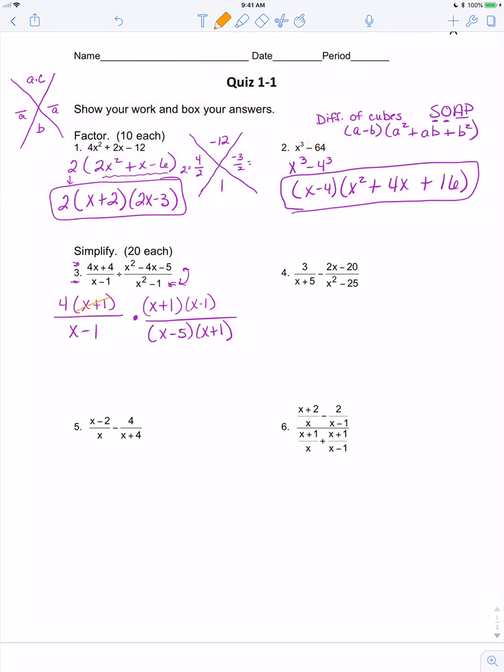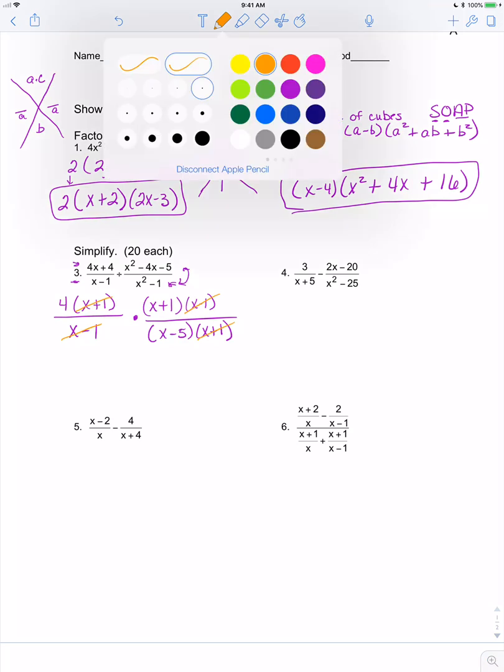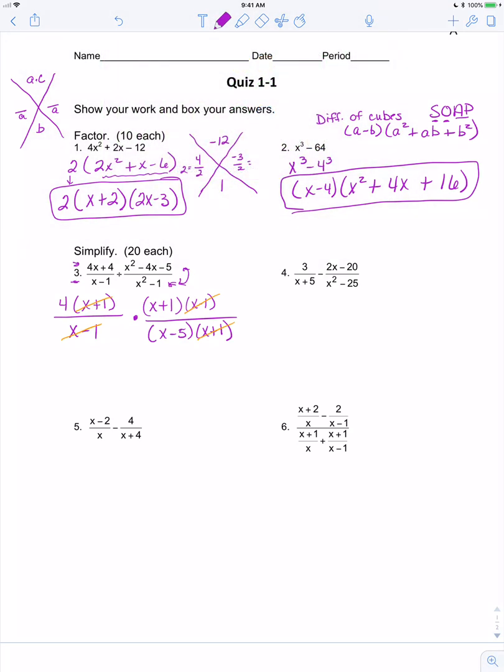This x plus 1 can reduce with this x plus 1. This x minus 1 can reduce with that x minus 1. That looks like everything we can reduce. So the final answer is everything that's left, 4 times x plus 1 over x minus 5. Final answer. You could distribute that 4. That's fine for those answers also.